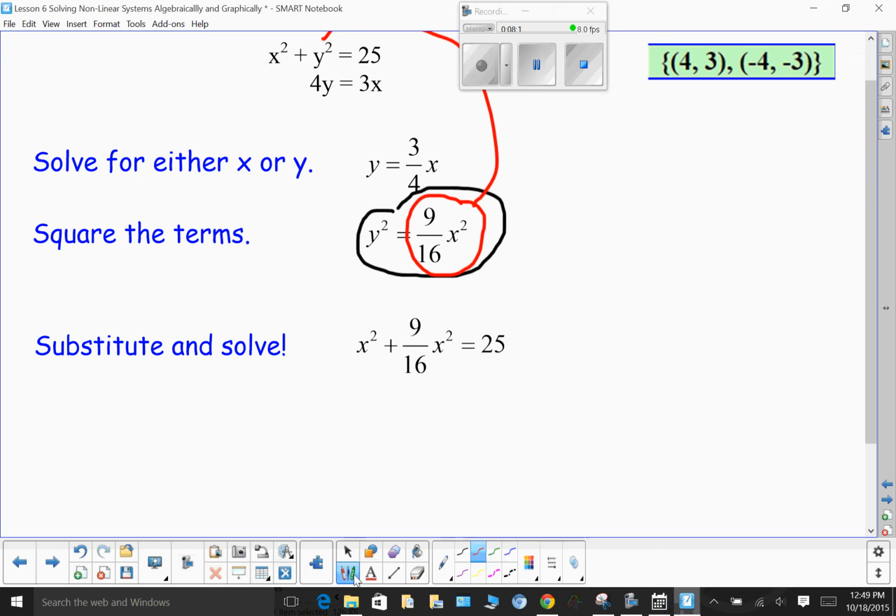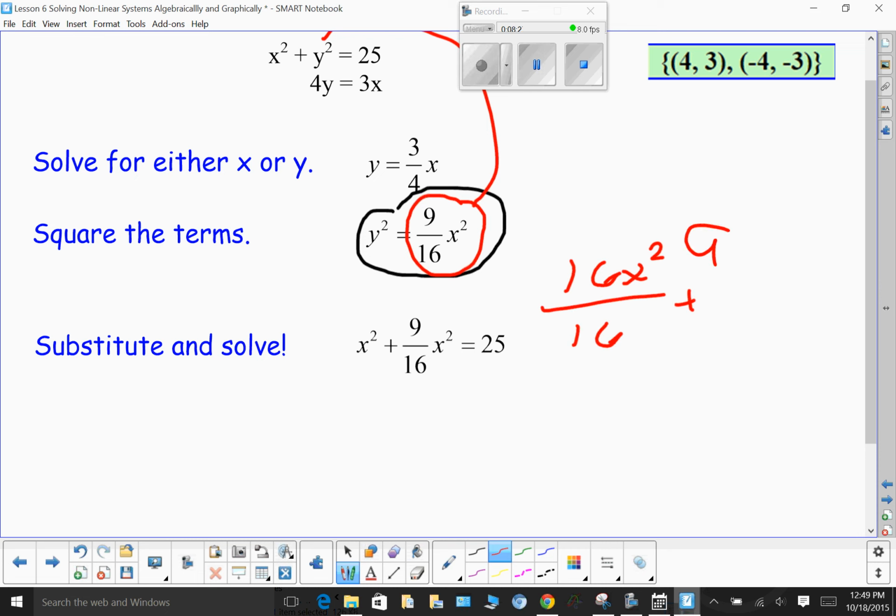So I have 16 x squared over 16, that's the same thing as 1, plus 9 x squared over 16 is equal to 25. Do I want to stay with 25 or do I want to do the 25 over 16?